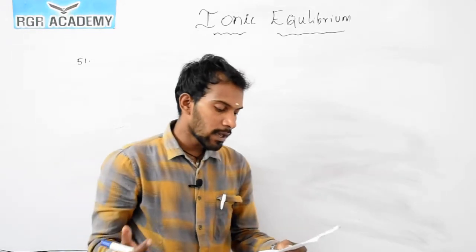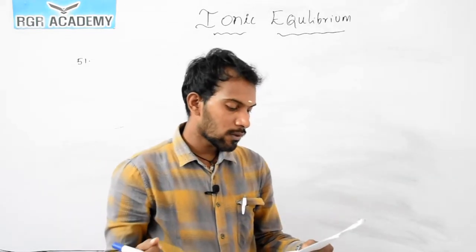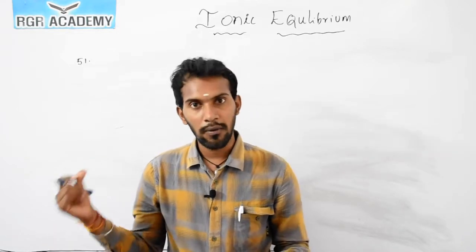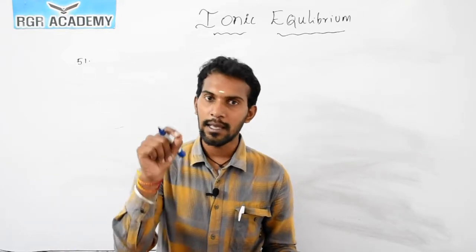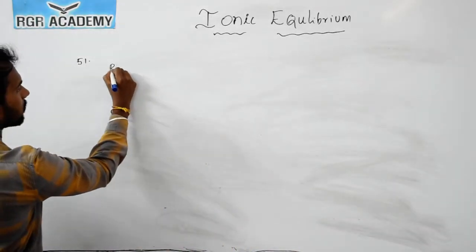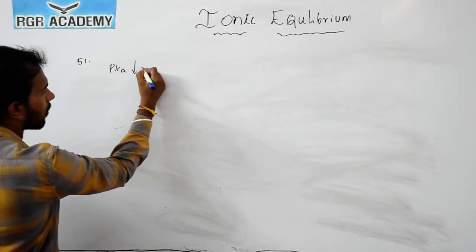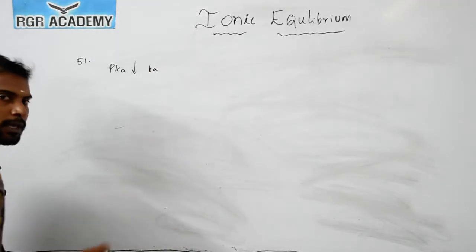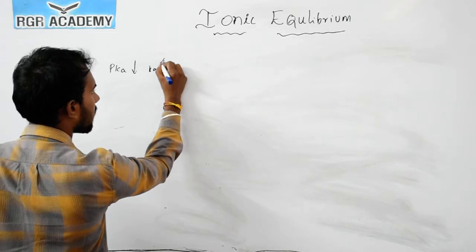Now, here the statement 1: the pKa of acetic acid is lower than that of phenol. So the pKa is lower means it's a weak acid. So pKa is lower and Ka is higher.